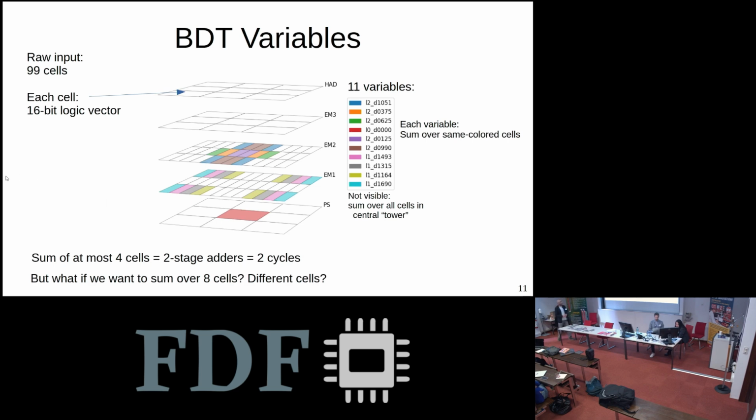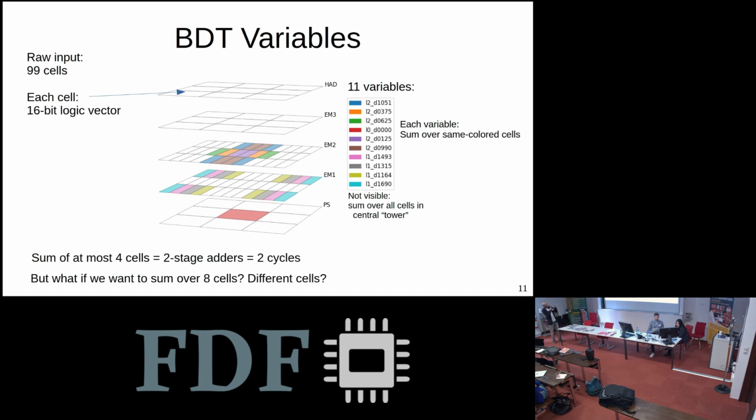So how do the BDT variables look? This is an image similar to the one that I showed of the calorimeter. The raw inputs to the tau algorithm are 99 cells like this. The actual name is supercells, but I'll use the word cells for simplicity. Each one of those rectangles in this diagram is a 16-bit logic vector, one cell.